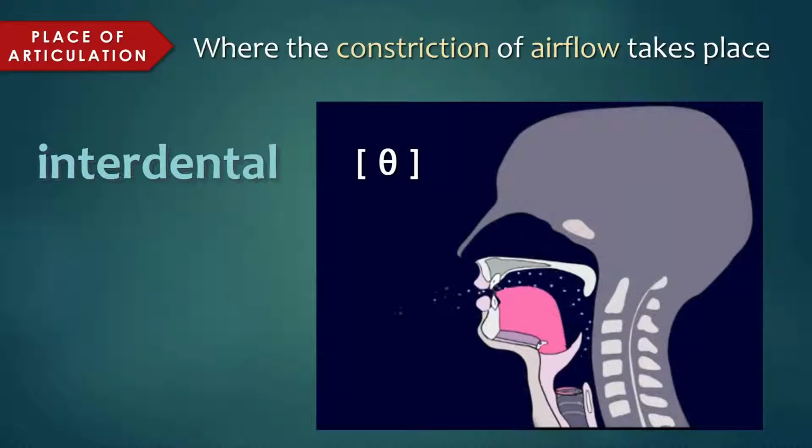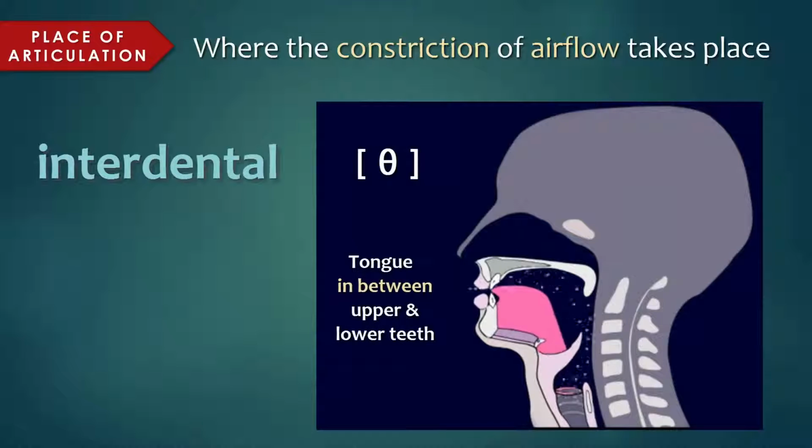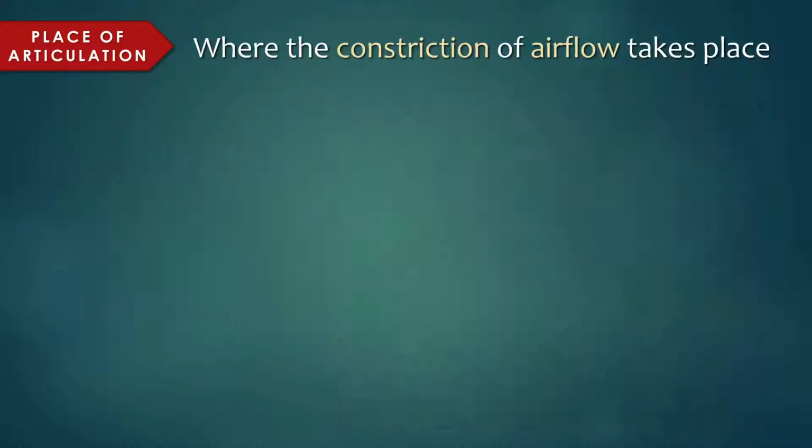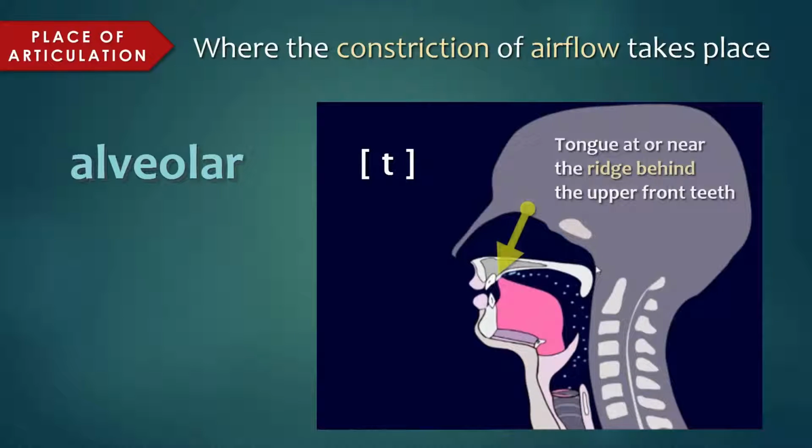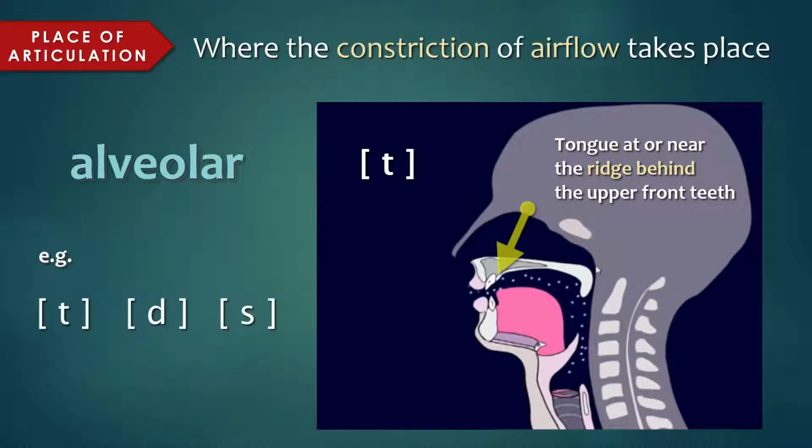Interdental sounds are produced with the tongue in between the upper and lower teeth, such as th, th. Alveolar sounds are produced with the tongue at or near the ridge right behind the upper front teeth, such as t, d, s.